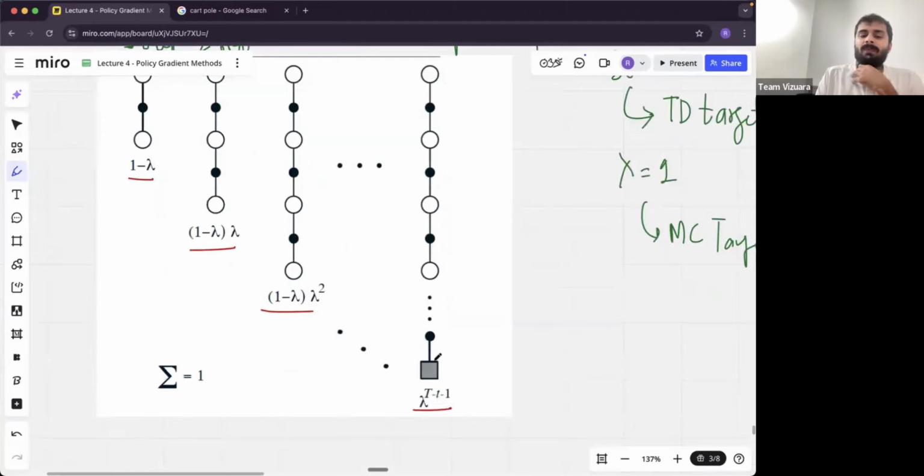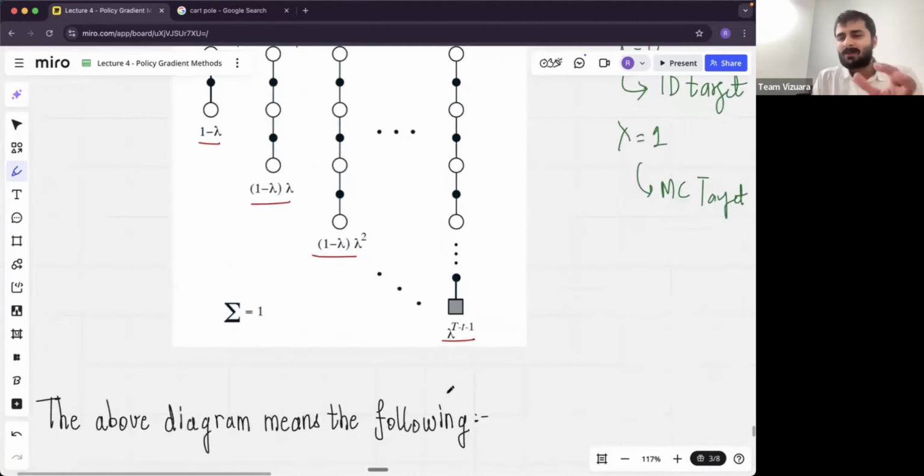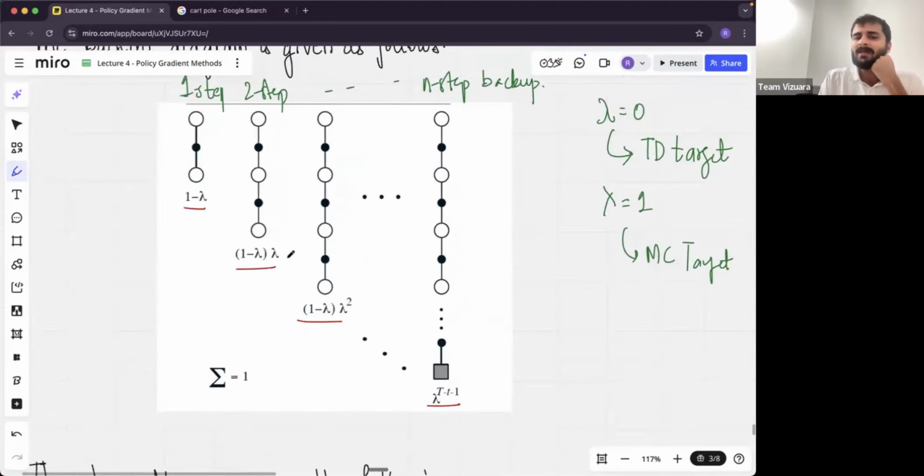And the last step backup gets lambda raised to T minus 1. Now, I'm going to explain this again, so don't worry if you are finding this too complex. But why is this lambda introduced? Imagine now if lambda is equal to 1. What will happen if lambda is equal to 1? This is 0, this is 0, this is 0. So you are only considering the n-step backup, which is the Monte Carlo target.